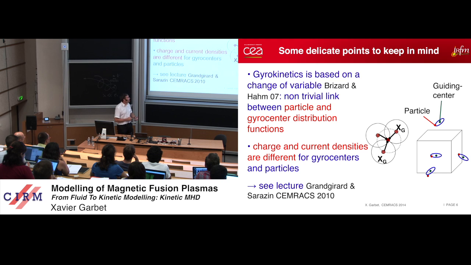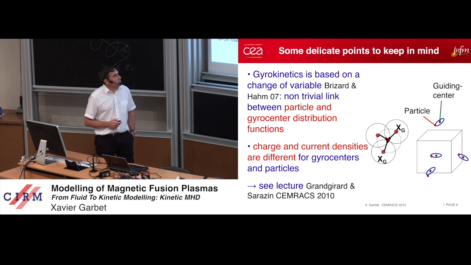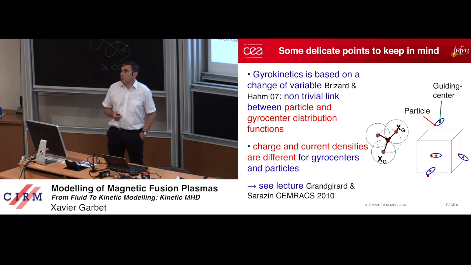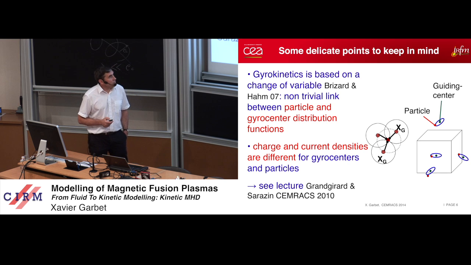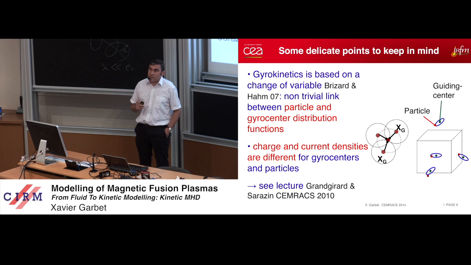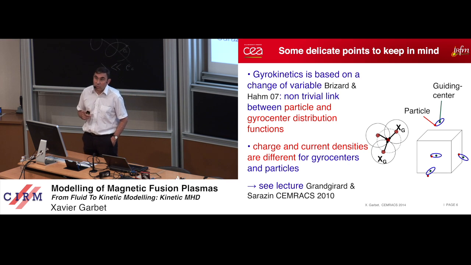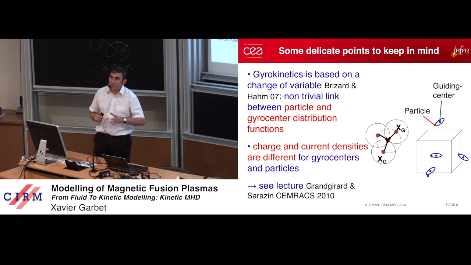So when you are counting particles, especially when there is a gradient, of course, when the medium is inhomogeneous, the density of the guiding centers is going to be different from the density of actual particles, and same for the currents. And of course you have to be careful with that, because in the Maxwell equations, what counts is the true density of charge and the true current of actual particles, not guiding centers. So the difference is not a difficult calculation to do, but there is a difference you have to account for.